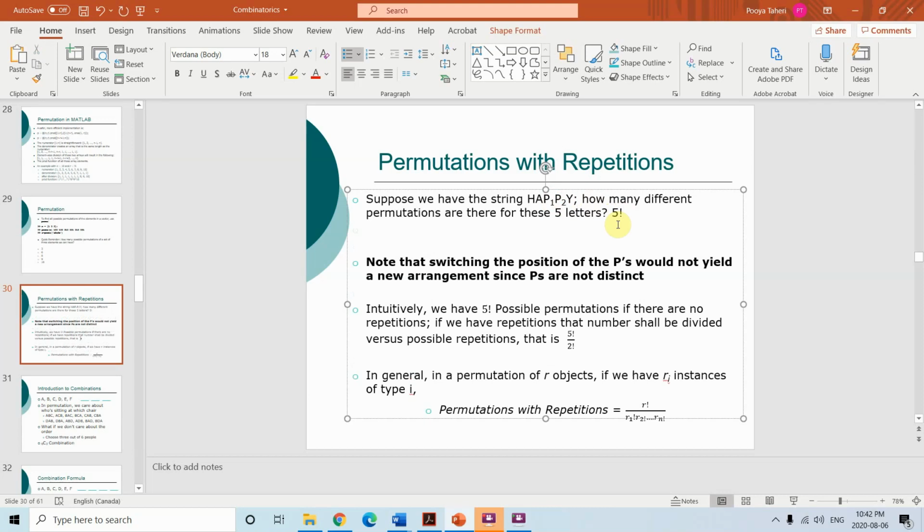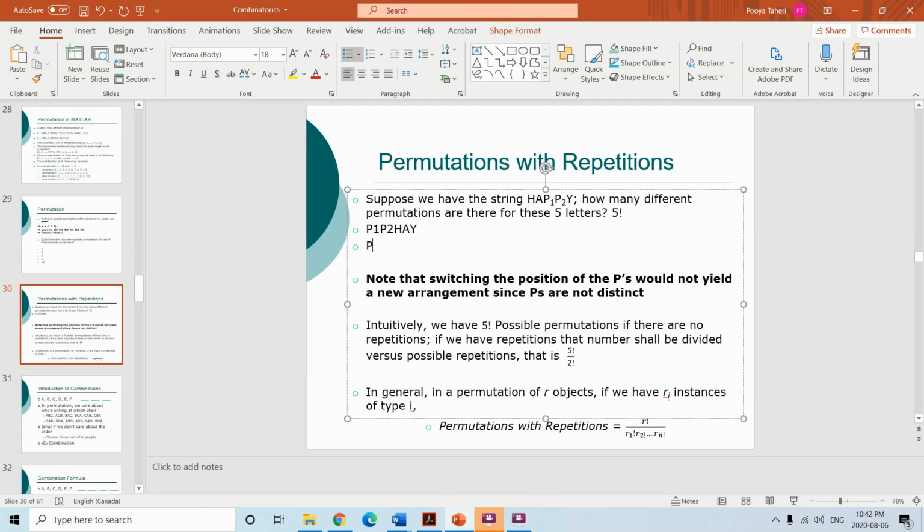But this was counted twice, because these P's are actually the same.